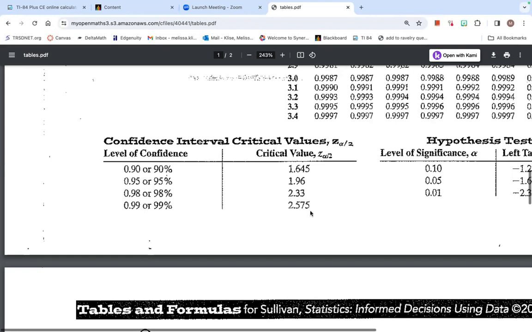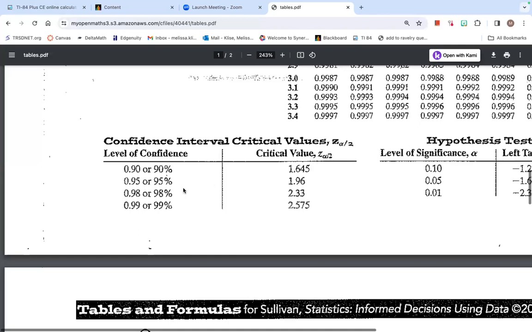If you are given something else, you can use inverse norm, and I will show you what that looks like. But these are the common ones. So it's really nice if you just have your Z table in front of you. These are the most common intervals, even though I think your homework gives you a couple of wonky ones.